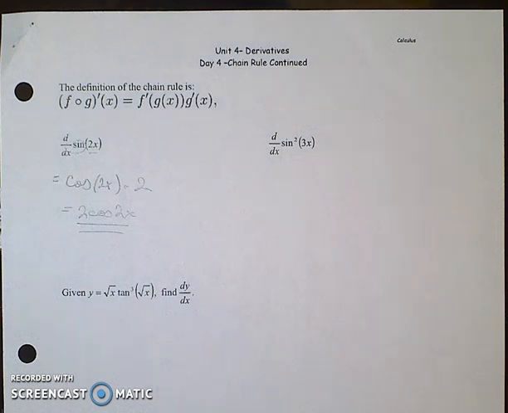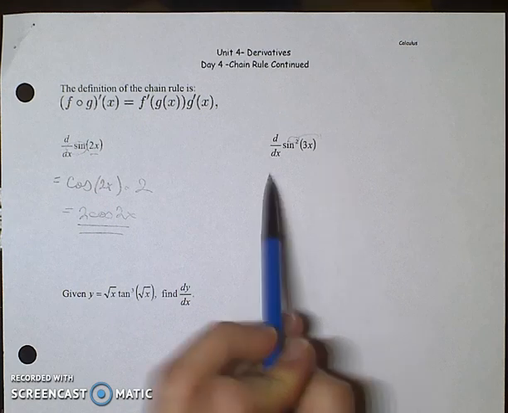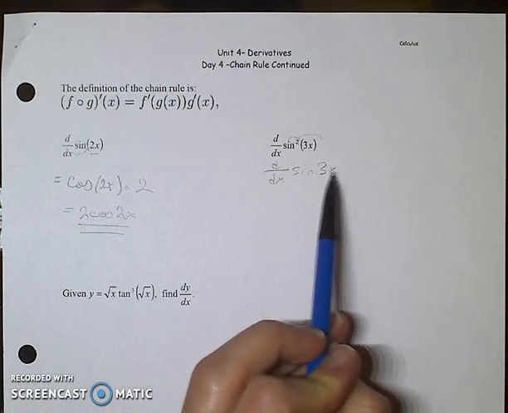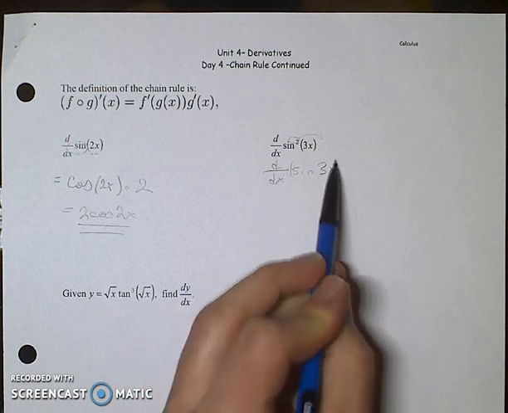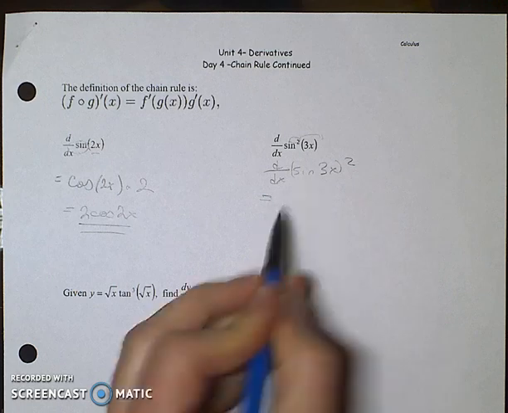That's the easier one. If we look at this one, this is going to be a triple chain rule here because we know this 2 can really go out in front. And so we're looking for the derivative of sine 3x quantity squared. And we know that is going to be the derivative of the outside, 2.